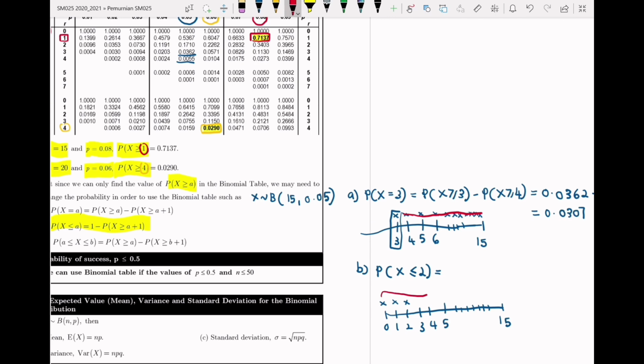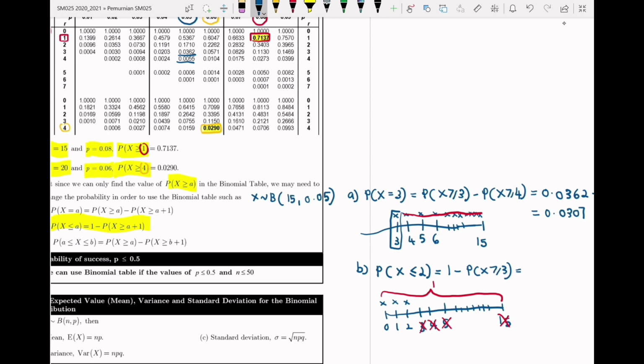So what we need to do is take the total probability, 1, minus what we don't want, what we want to omit. So we don't want the values from 3, 4, 5 until 15. So 1 minus P(X ≥ 3). Remember, we only have the greater-equal sign in the table, so that's why we need to change the form.